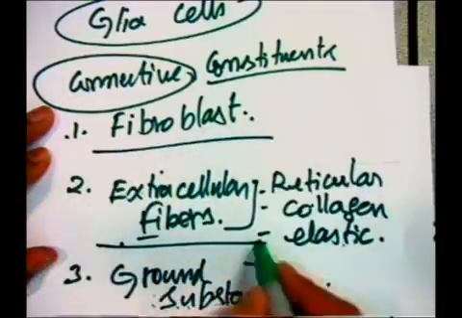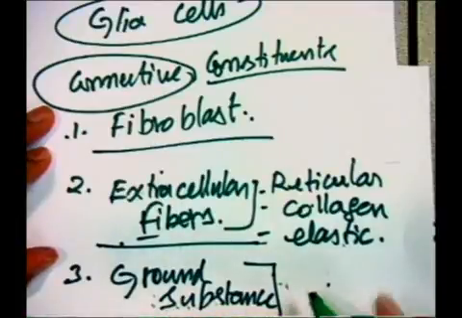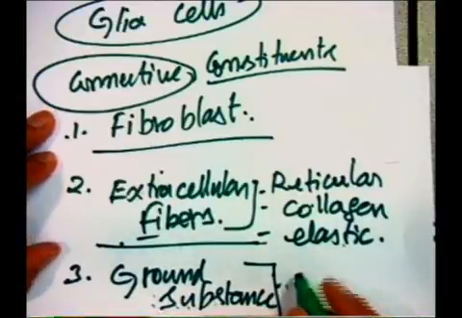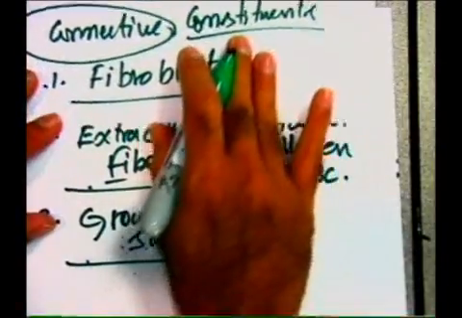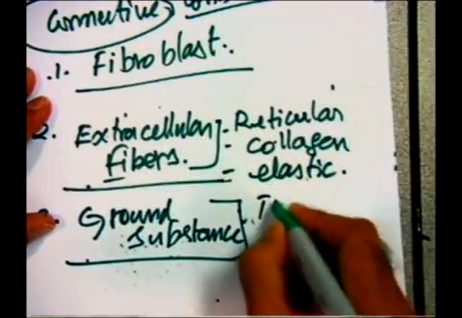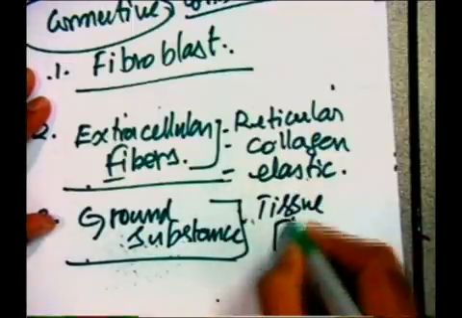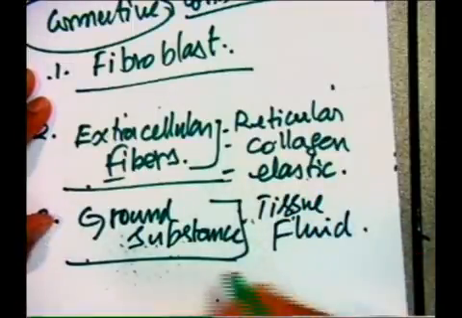See, number one, fibroblast; two, extracellular fibers; and three, ground substance. What is the ground substance? Here it is the tissue fluid. Tissue fluid is a ground substance.